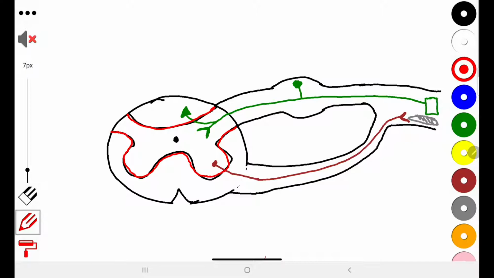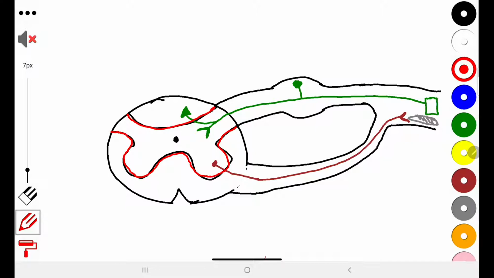Now, the central part itself not only has a butterfly shape, but we see very distinct anatomical differences from the outside. The inner part has a lot of soma. That is why it has this gray appearance, soma or cell bodies, whilst the outer part has more of the fiber or the axonal components of the neurons.